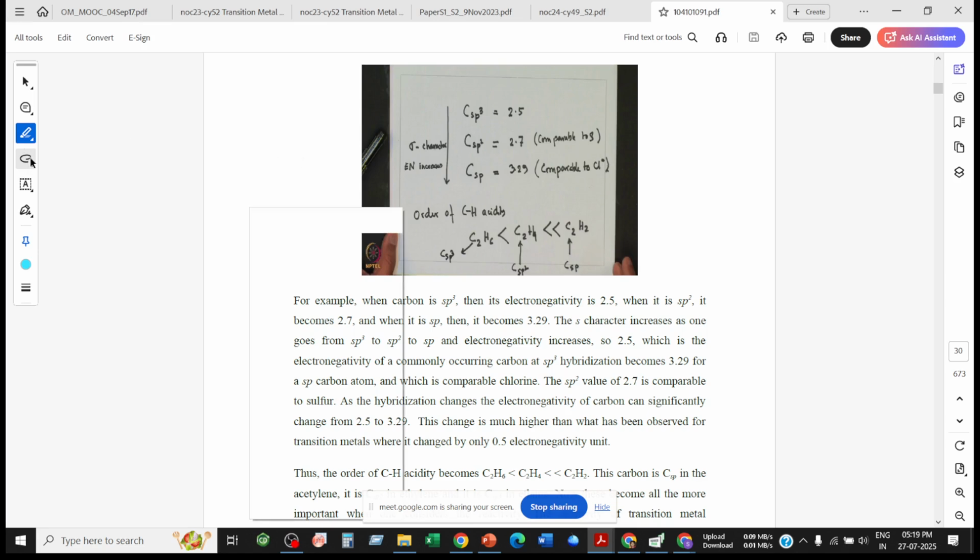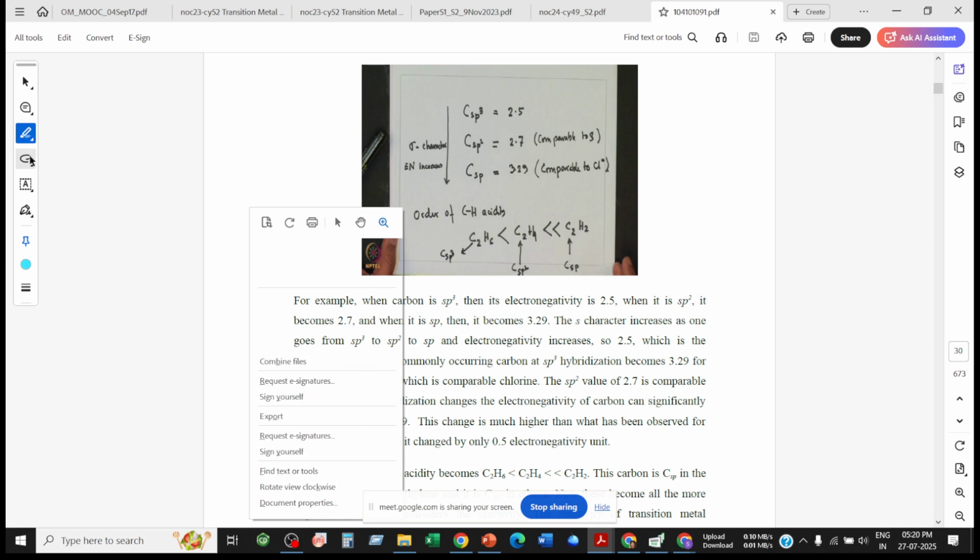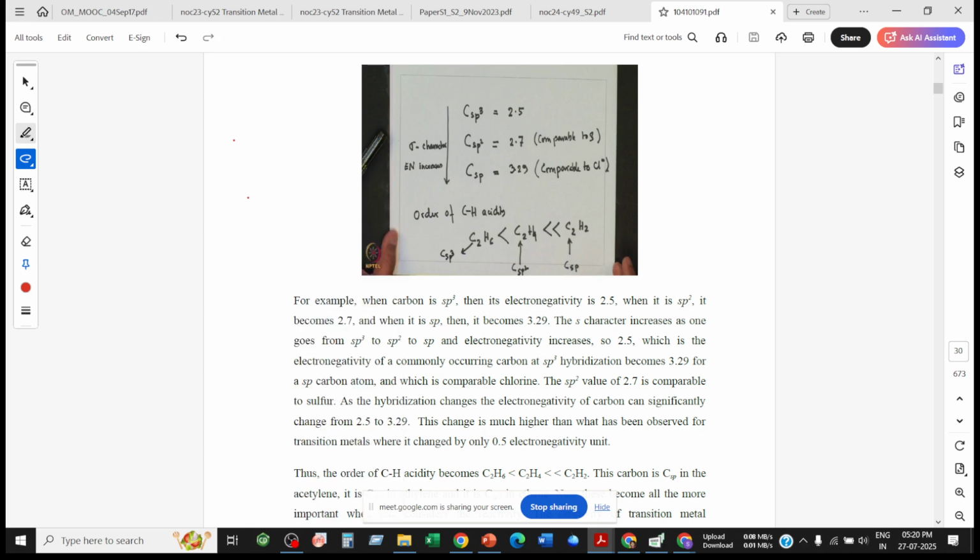These two orbitals, dx square minus y square and dz square, have lobes aligned along the axis. That's why these two will be involved in the sigma bond formation, and that energy will be lowered. That's why we have the eg star orbital, where the extra electron comes. We will also discuss this in the first question. So next day I will show it.